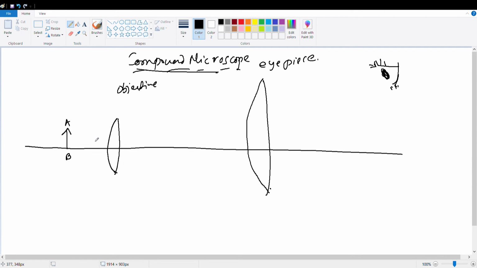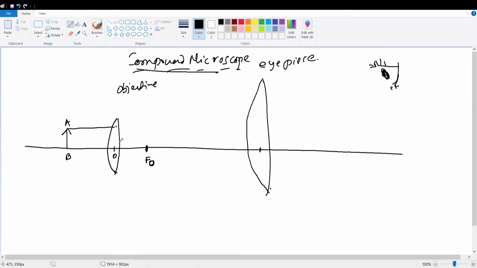We will first see the diagram and then we will understand. Okay, so object is placed here, so the ray will come here. This is the optical center, this is another optical center. The focus of the objective lens is called FO, the focal length of the objective lens.